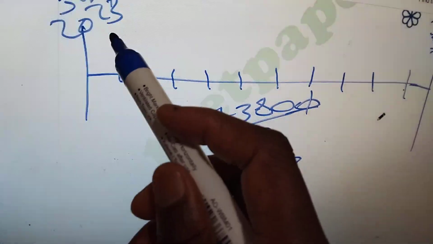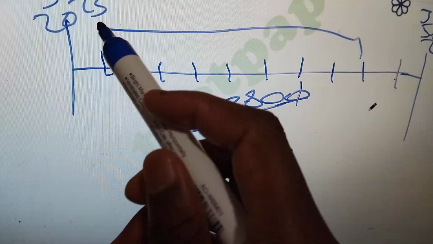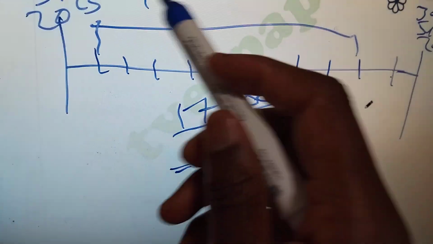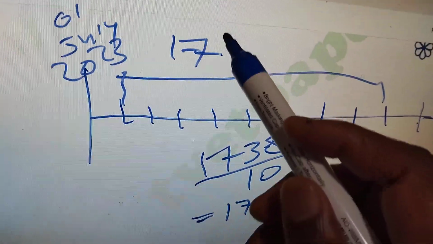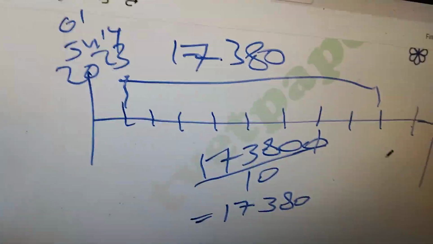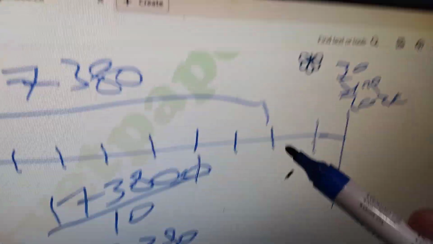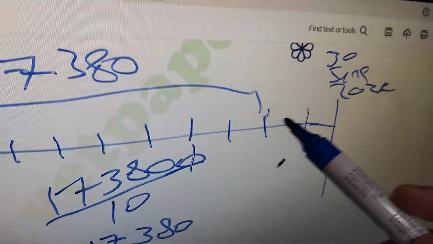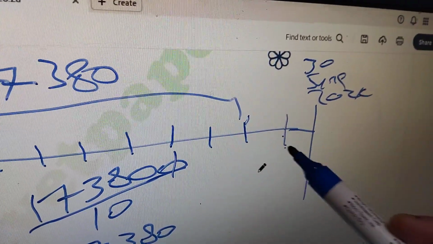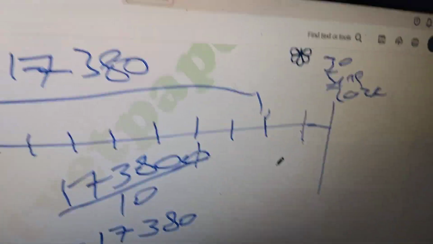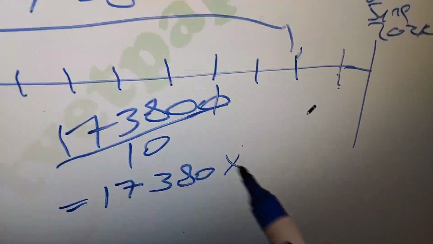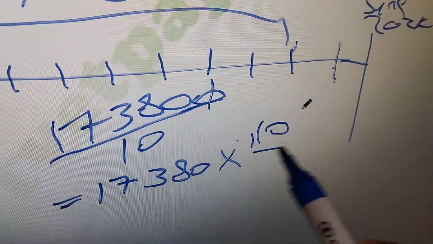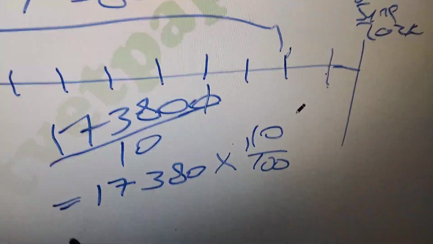So for this period, we're paying them 17,380. Then from here, which is May and June, the salaries were increased by 10%. We're going to multiply by 110 over 100. That's the shortest way.